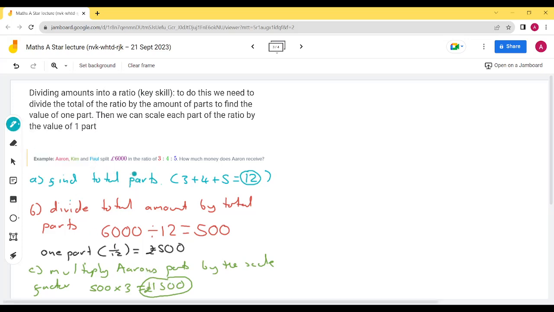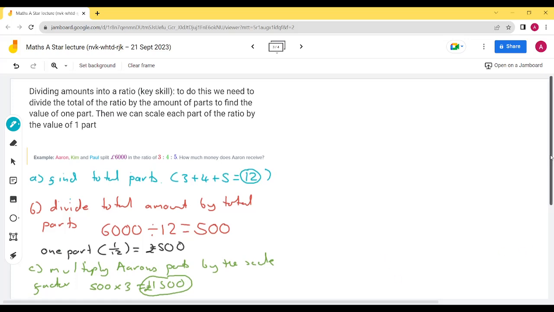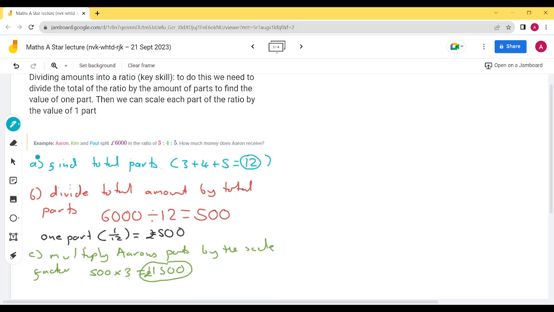It's worth pointing out, although it maybe looks a little bit different, this is exactly the same skill we've already practiced in fractions. This is the same as fractions of an amount, because Aaron has 3/12 of the total.